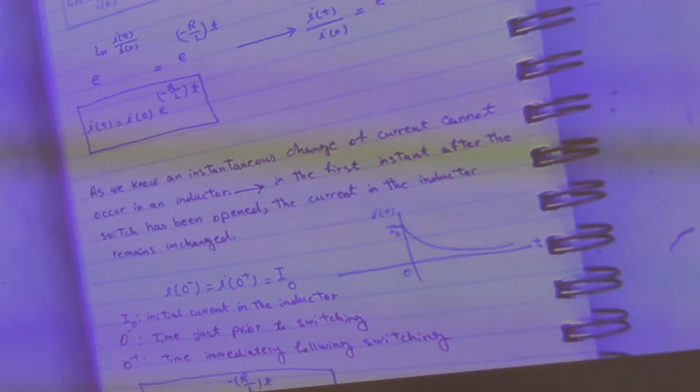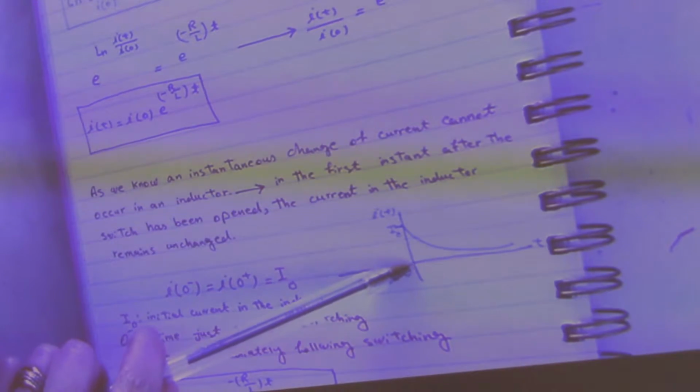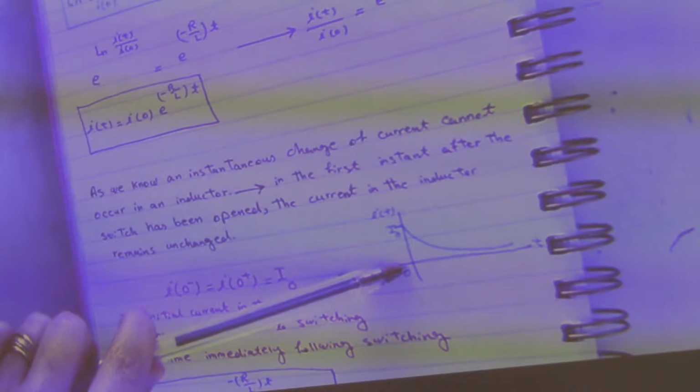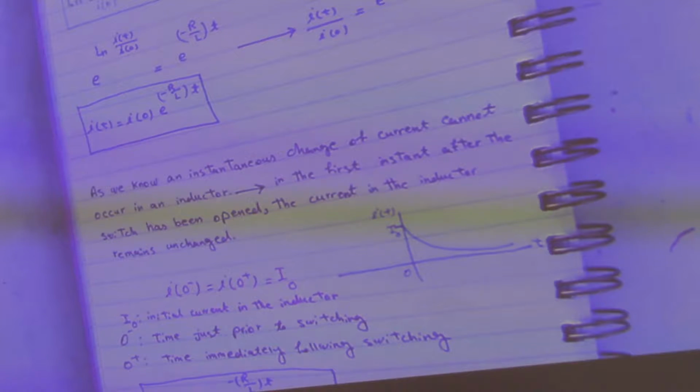After some time it approaches 0. So the maximum is I naught. If you look at this current a little bit before 0, we call it 0 negative, and a little bit after 0, we call it 0 positive.